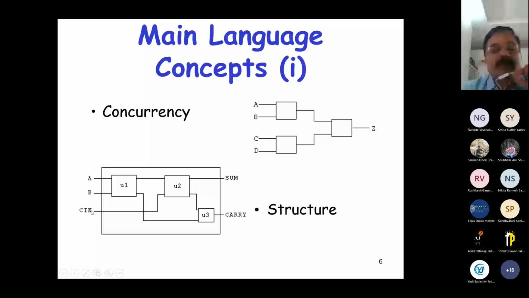So these are the several components, and there is a requirement of wire to interconnect the output of one component to the input of another component, or the output of a component to the final output, that is the signal output, sum and carry.